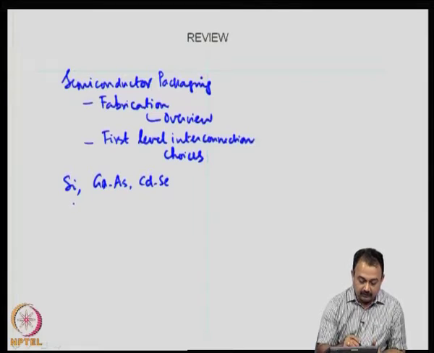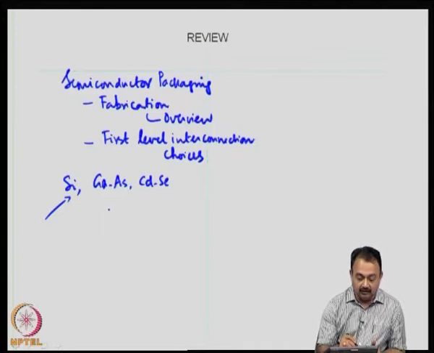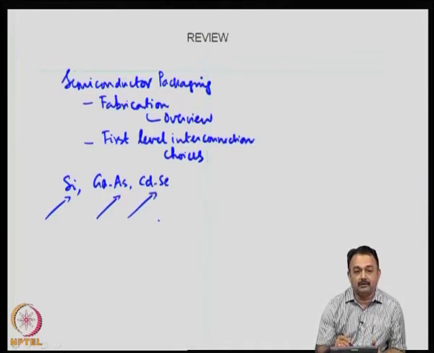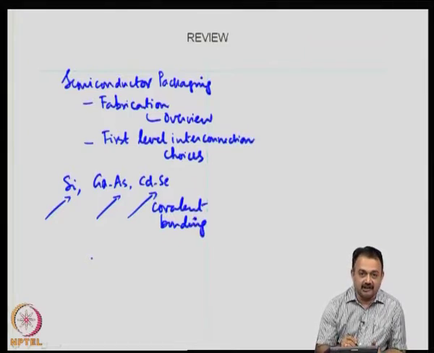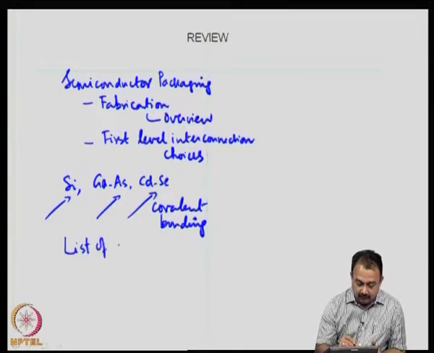We also saw the crystal structure of silicon and how bonding takes place in compound semiconductors by covalent bonding. We also listed the process steps for the fabrication of semiconductors.